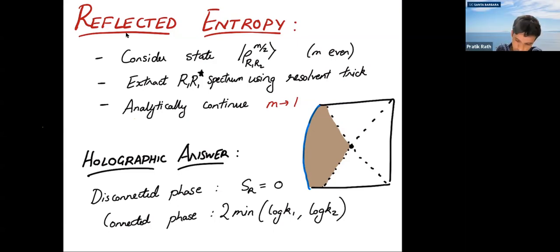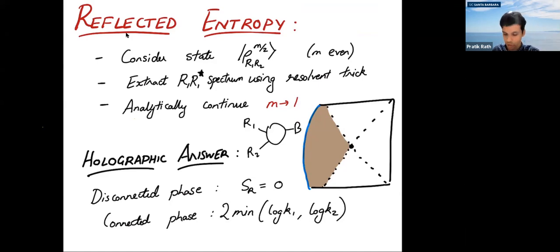So the reflected entropy in this case, now that you have this geometric connection, there's this non-trivial entanglement wedge connecting R1 and R2. So we can think of it just morally as R1, R2, and there's some geometric connection which connects it to the black hole.